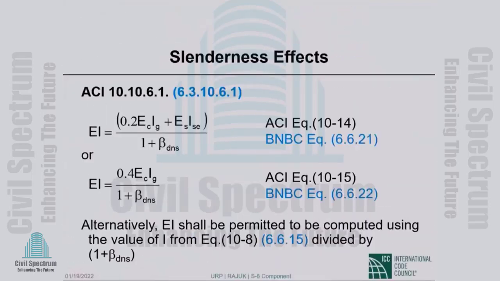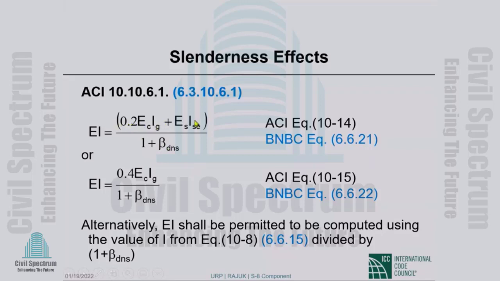The EI that you use in this part in 10.10.6 is either this or that. 0.2 E sub C I sub G plus, if you have reinforcement, E sub S I of the reinforcement, divided by the sustained load factor 1 plus beta DNS. This has a different definition now, as we will see. So you can use this when you have a lot of reinforcement.